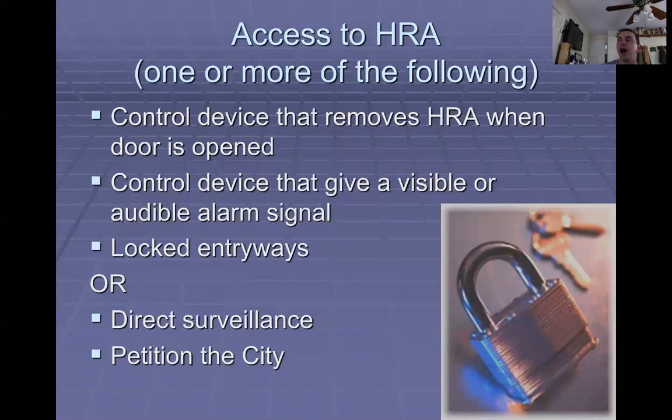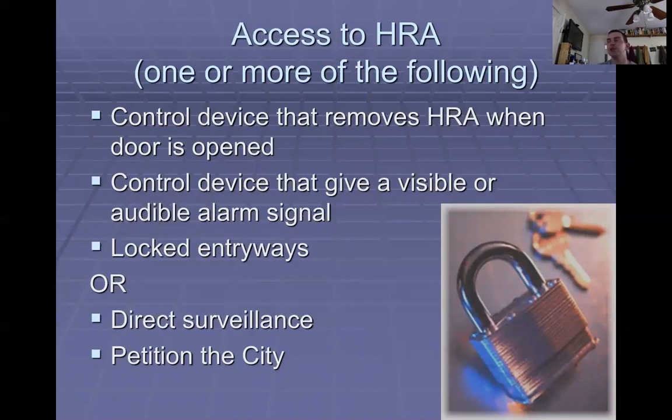So if you have a high radiation area, remember that's above 100 millirem per hour at 30 centimeters, you would need to have a physical barrier preventing people from going in. You can do that in a number of ways. You can directly surveil the area, know when someone's in there. You can keep it locked in a way that no one can get in because only you hold the keys to that lock.